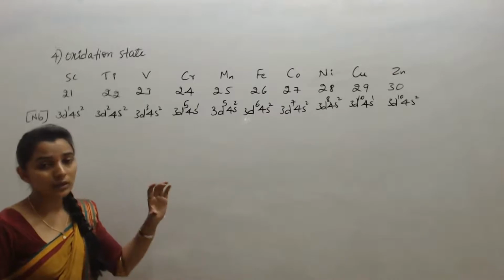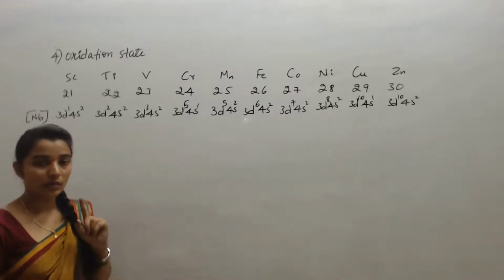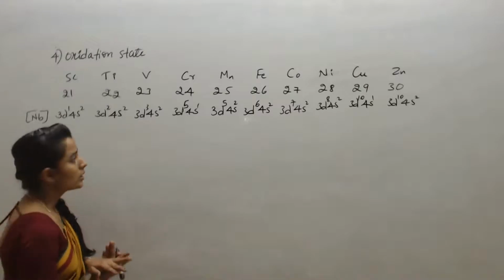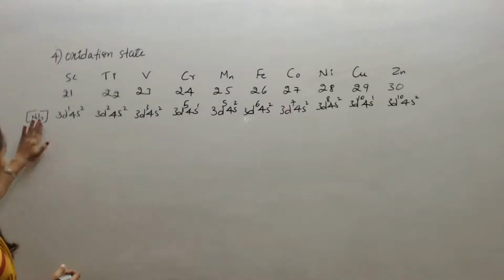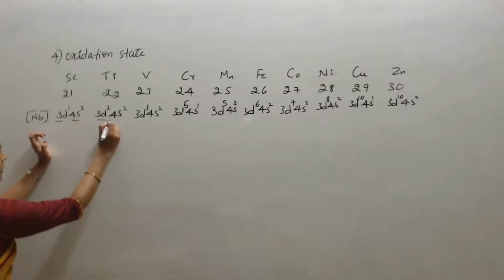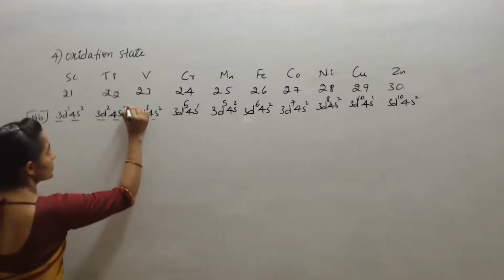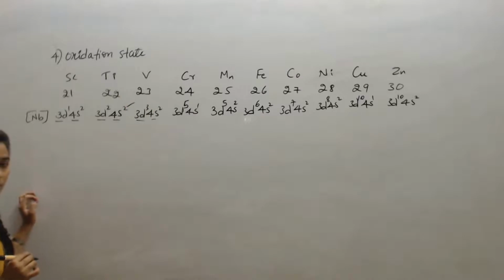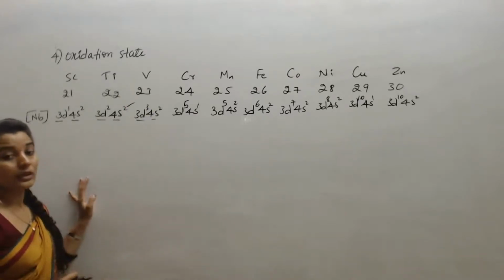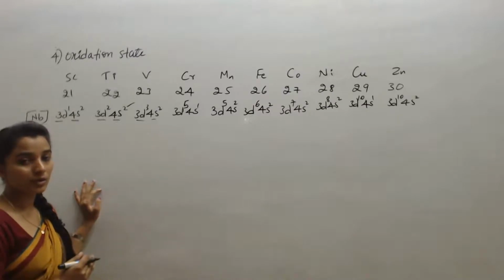They are unstable in the negative oxidation state. They are very stable in the positive oxidation state. Okay. So here, listen. Two types of shells are there. One is the valence shell, that is the S subshell. Another one is the penultimate shell, that is the D subshell, the inner subshell.